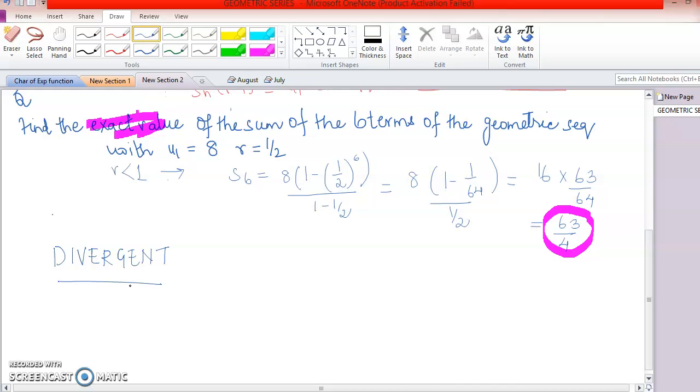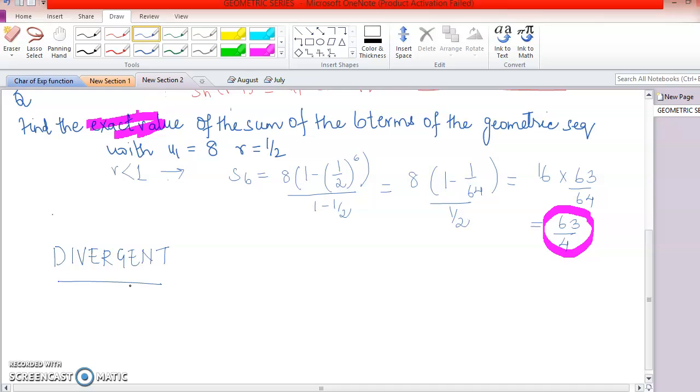However, in geometric series, while a lot of them behave divergently, a certain section of geometric series do not conform to this pattern.